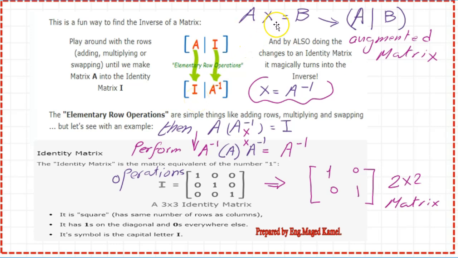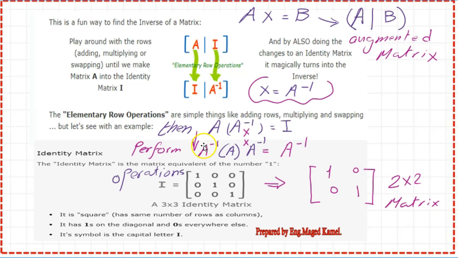Actually, if X is A inverse, then when you multiply A by A inverse, you will get I. This is the case here. A multiplied by the inverse of A, which is the value of X, gives I. We are going to perform linear operations.